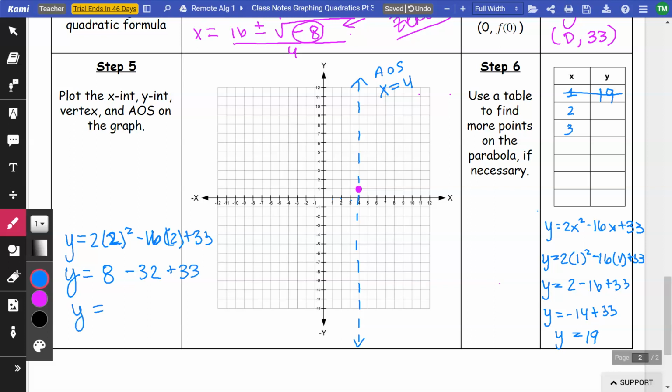So y is equal to 8 minus 32 plus 33 is 9. So let's plot the point (2, 9). (2, 9) is 2 away from our axis of symmetry, so let's reflect it 2 away on the other side.